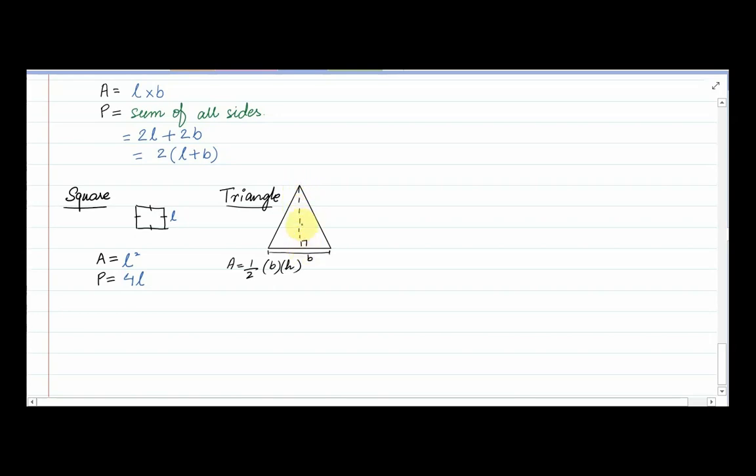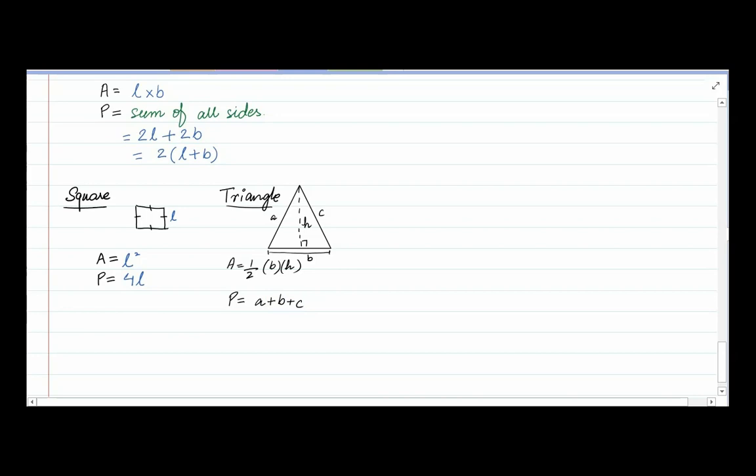That is your height. So that is the working formula of area of a triangle. If you talk about the perimeter, let's suppose this length is A and this length is C. The values may be different, but the concept remains the same, that perimeter is equal to A plus B plus C. That is the perimeter of a triangle.